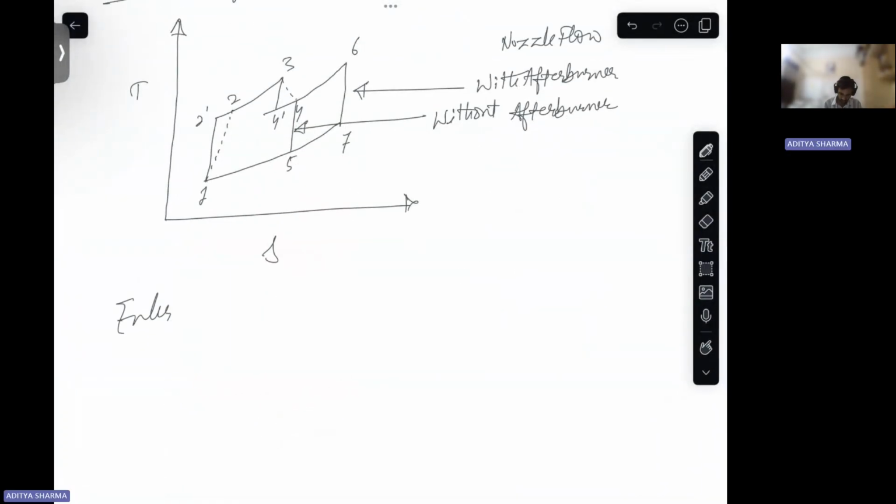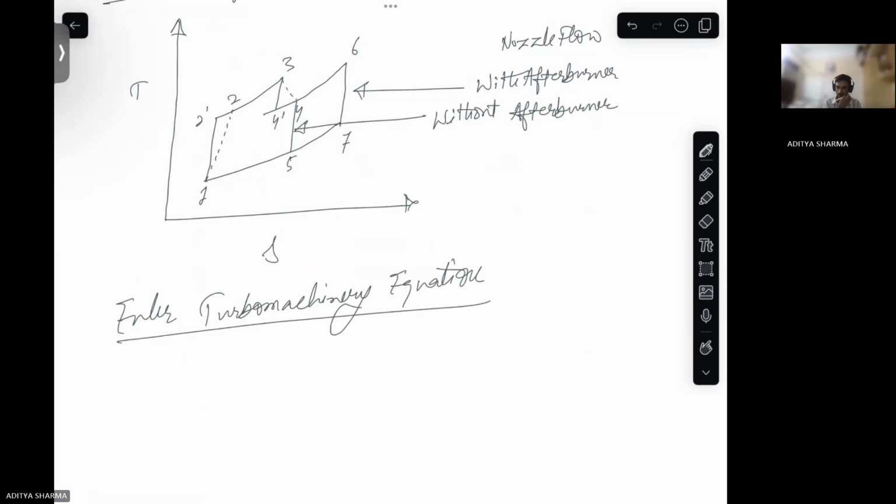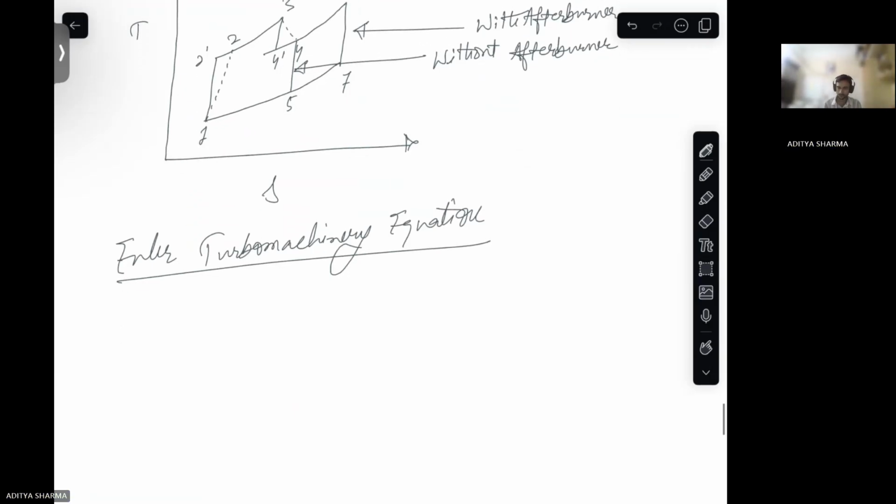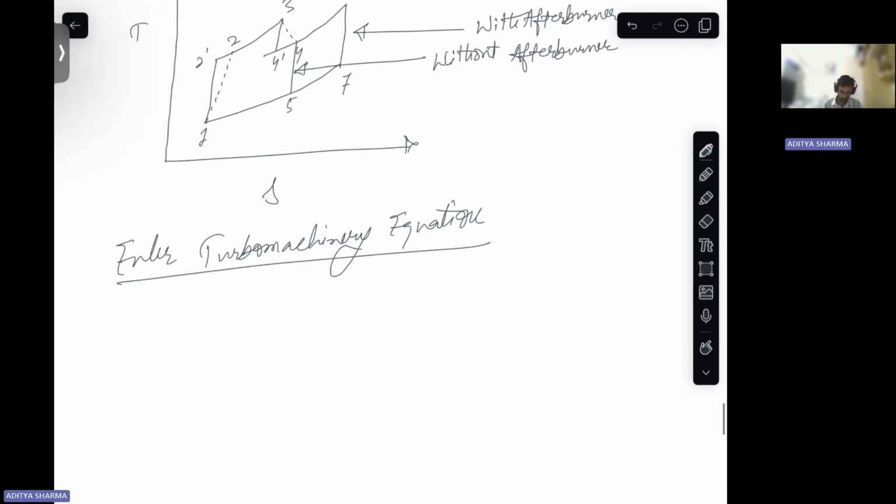Euler's turbomachinery equation gives us the expression for torque and power in the turbomachines.